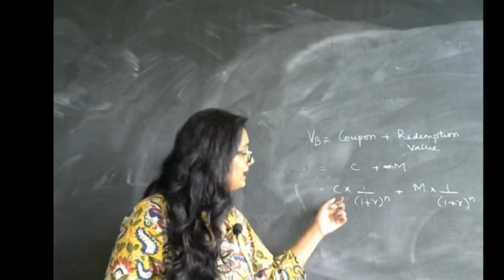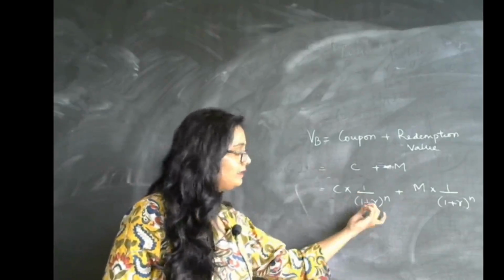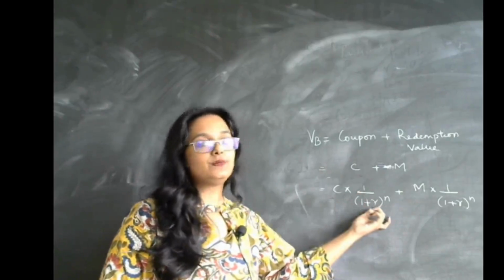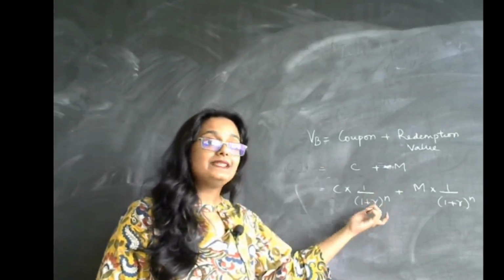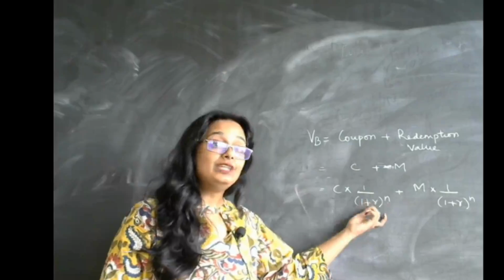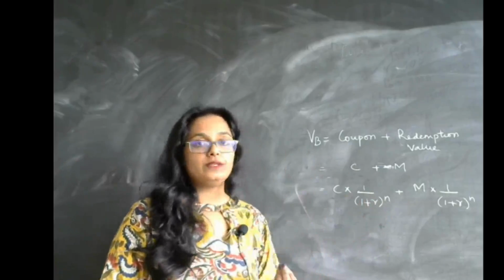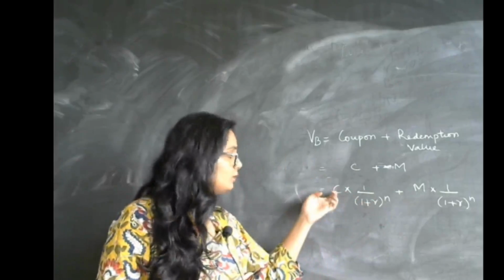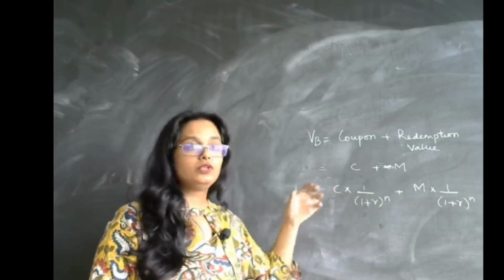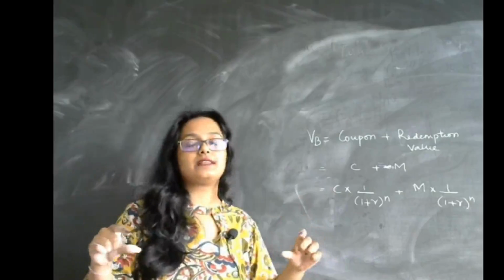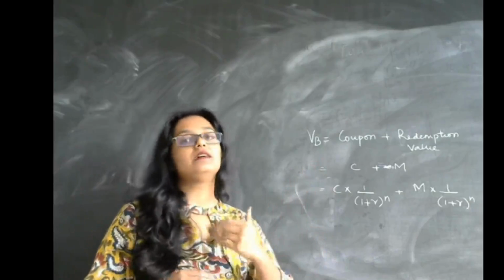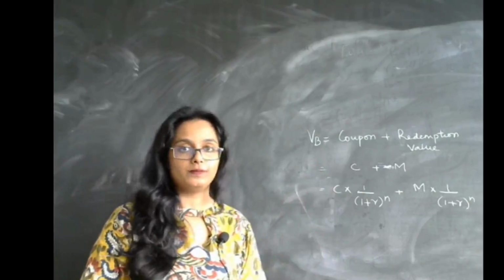So rather than multiplying it every year with the discounting factor, we can use something called the present value interest annuity factor. Once you multiply that annuity factor with the coupon interest amount, you get the total interest that you have paid for the entire life of that bond.